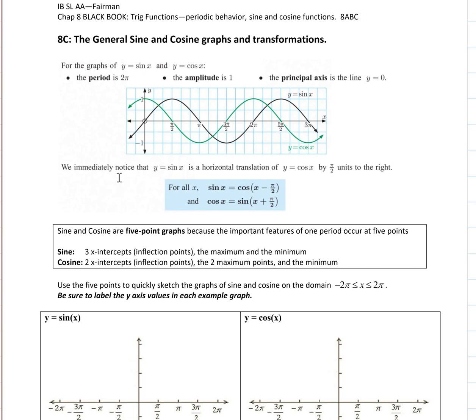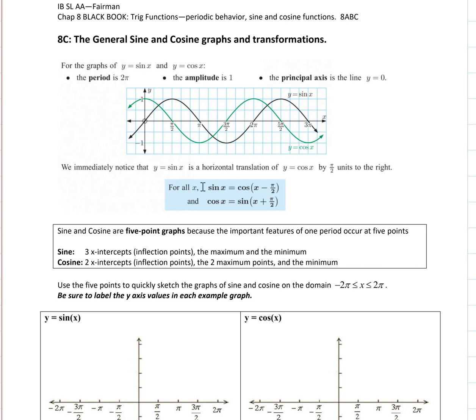Okay, so immediately, hopefully you notice, now that you see the sine and the cosine, the black one is the sine, and the green one is the cosine. Now that you see them plotted on the same coordinate plane, you hopefully are recognizing that the graphs are shifted, because if you look at where pi is on the sine graph, it crosses the x-axis at 0, and the cosine graph did that at pi over 2.